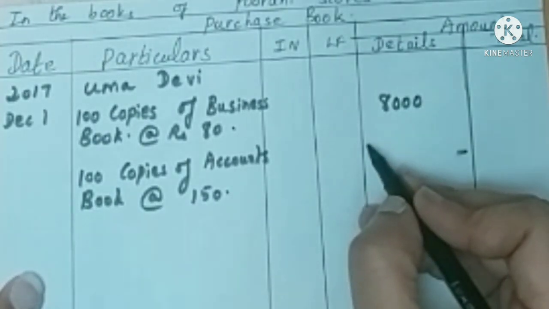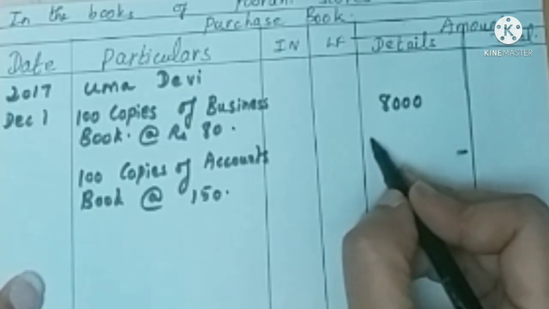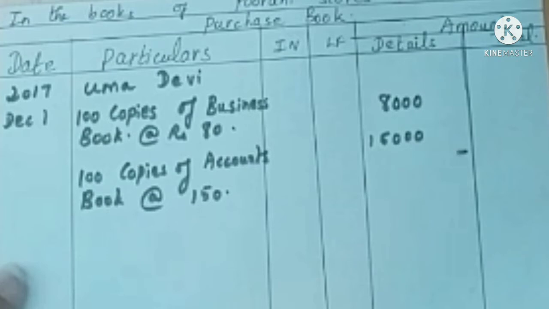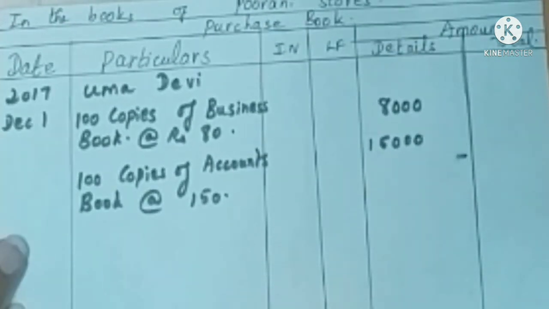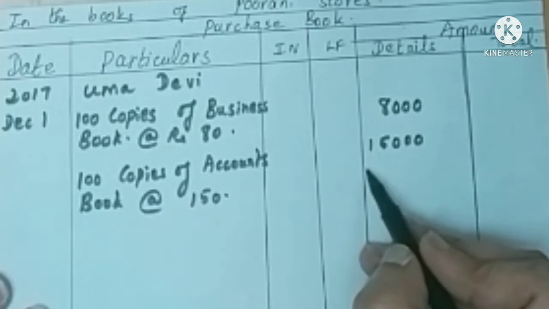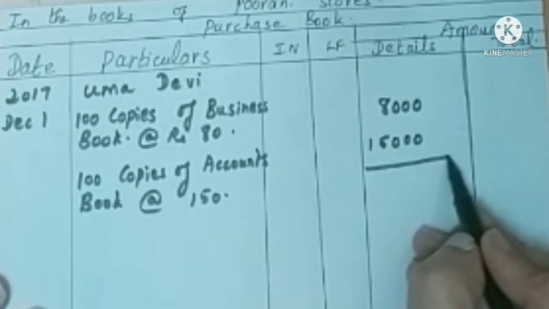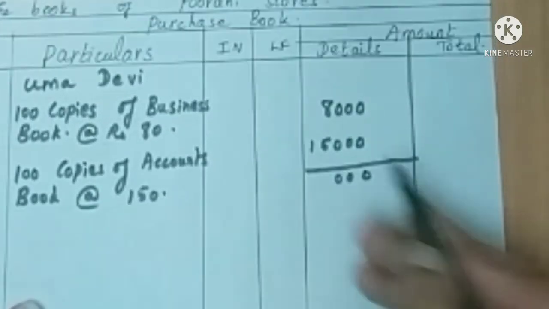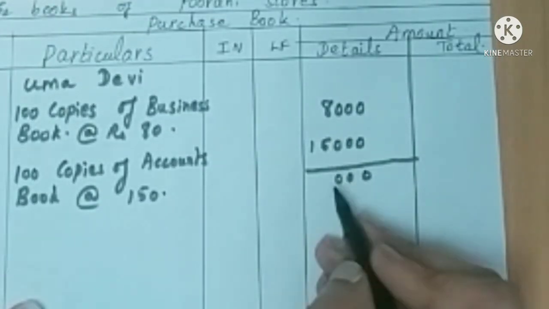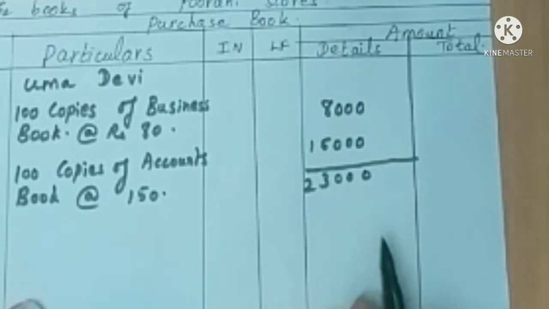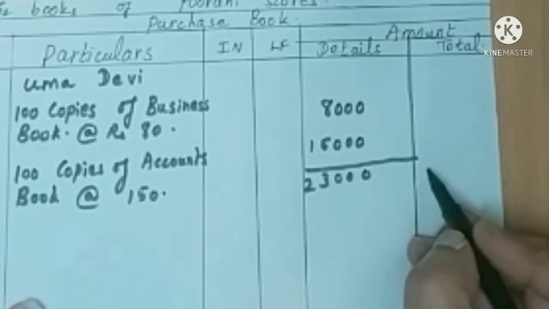So I am writing here 15,000. Then after totaling, I get 23,000. So this 23,000, I write it in the outer column.